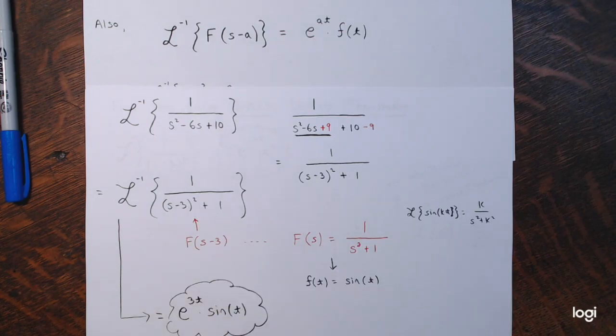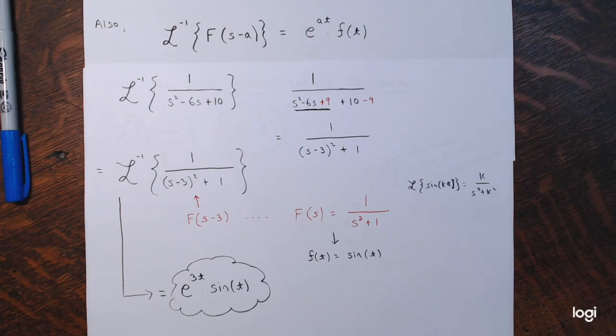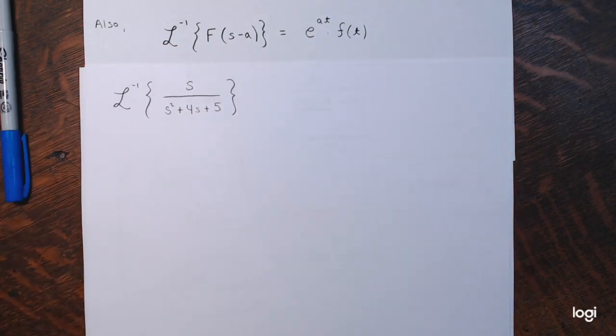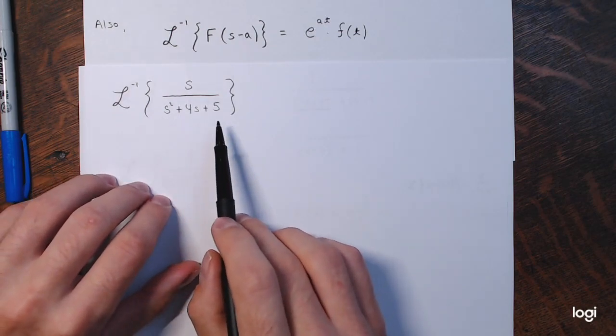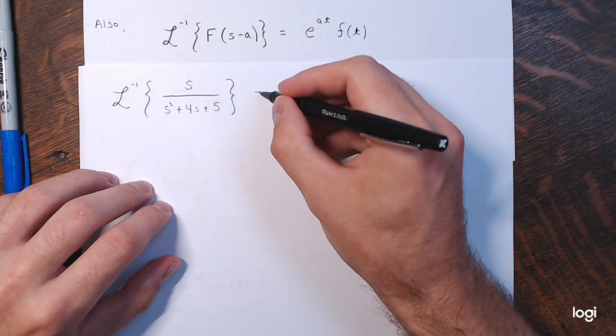All right, let's do another one. All right, so this is very similar. So again, in the denominator, I have an irreducible quadratic. Now I'll let you do the completing the square.